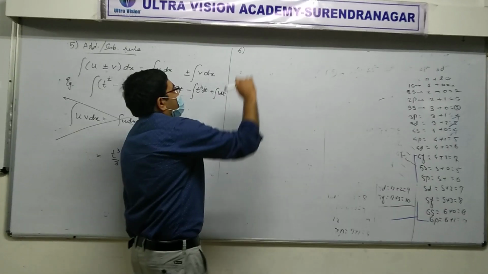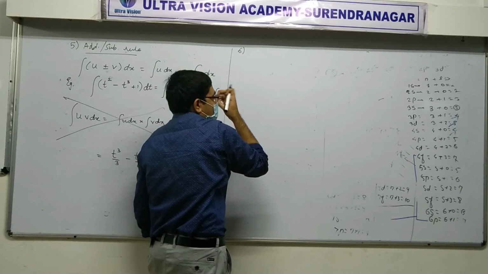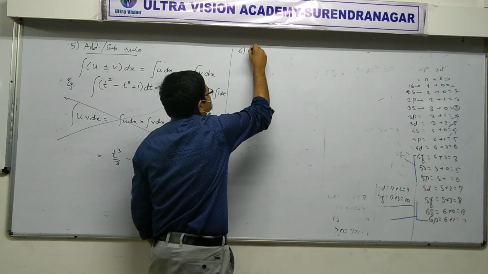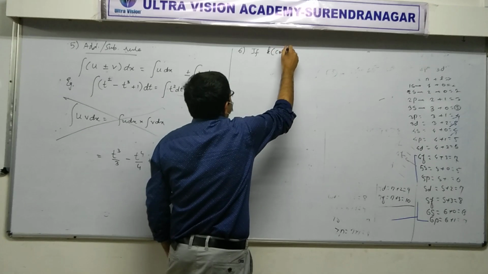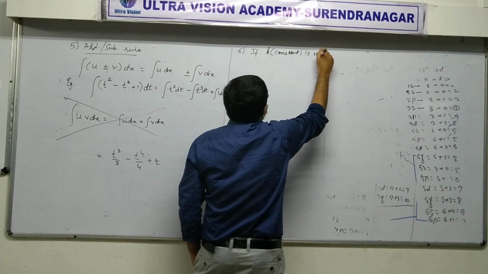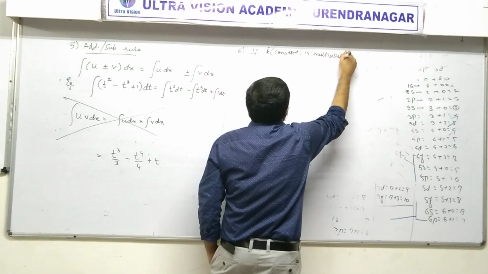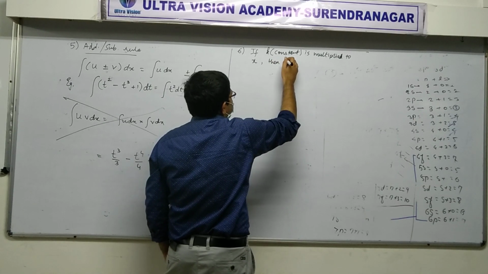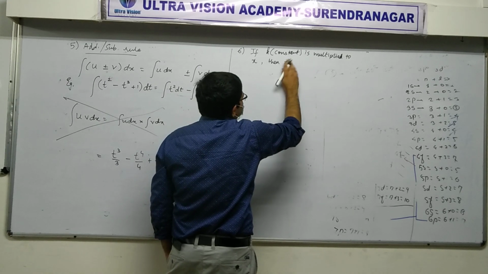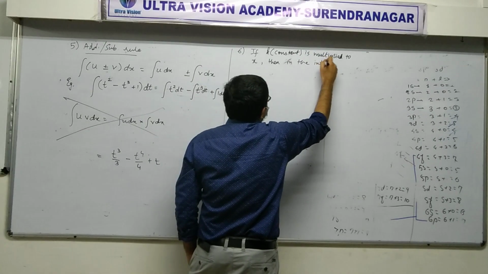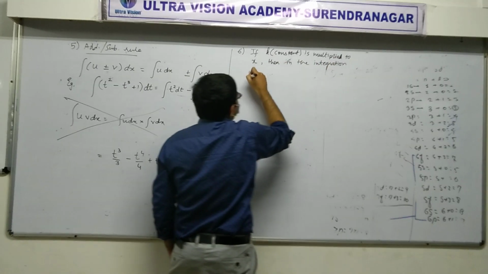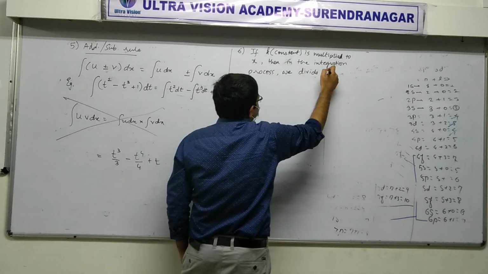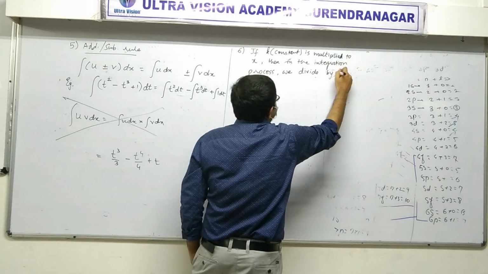So now there's just one rule that I want to mention over here: if k, which is a constant, is multiplied to x, then in the integration process, divide by that constant.